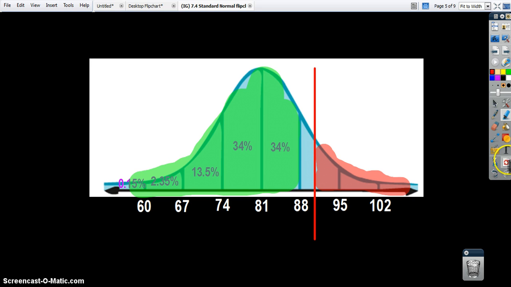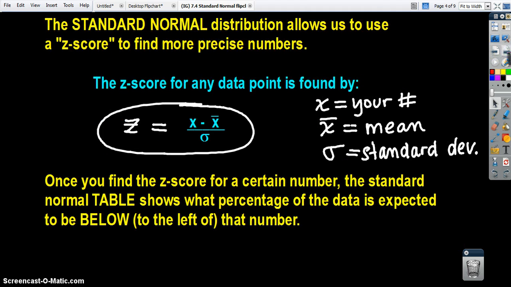If the number you're asking about is not right there on one of those standard deviation marks, if it's not 1 standard deviation away from the mean, or 2, a whole number of standard deviations away, then you're going to have to use what's called a z-score. Okay, and here's the little notes page for a z-score. This is to find more precise things in between those boundary lines for the percentages.